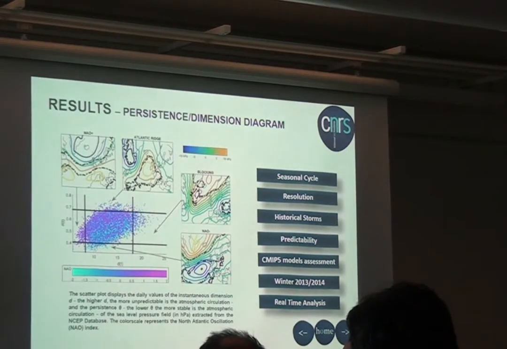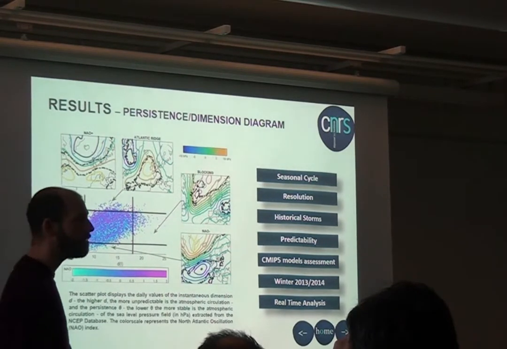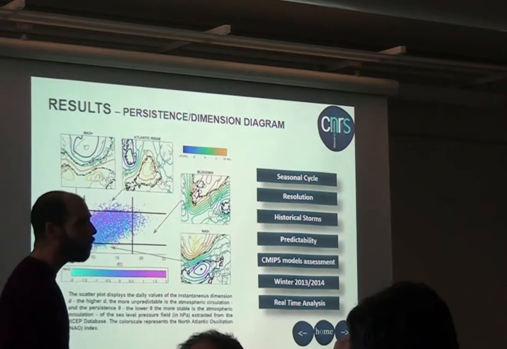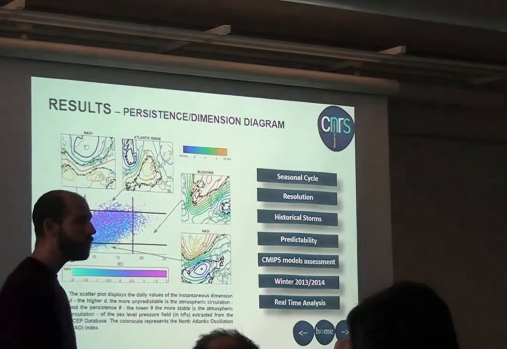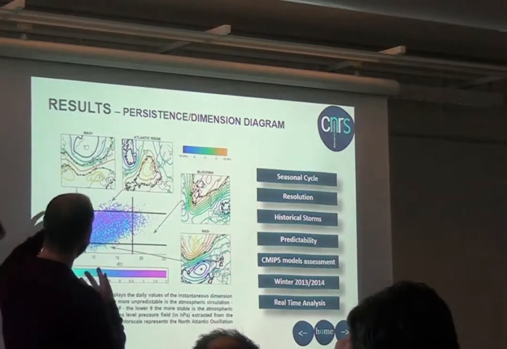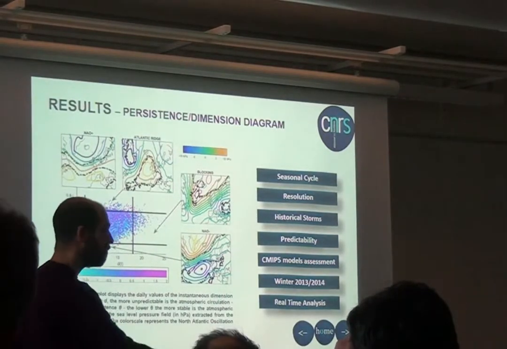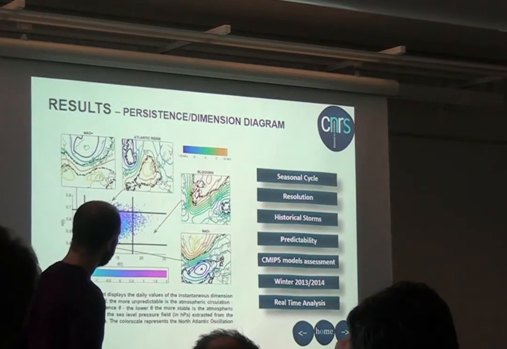Because if we imagine it's a very zonal flow, the flow can just go basically to the east, so we have a very strong jet, and it's very predictable to know what the flow will look like in the sequel.